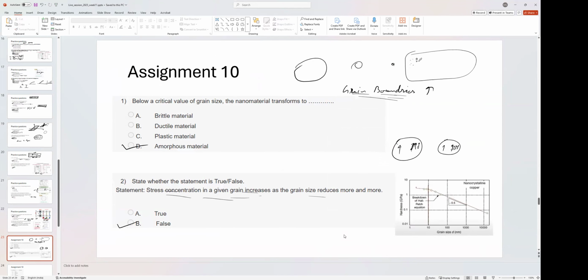After a certain point, you start to see breakdown of the Hall-Petch equation, and then your strength actually decreases.